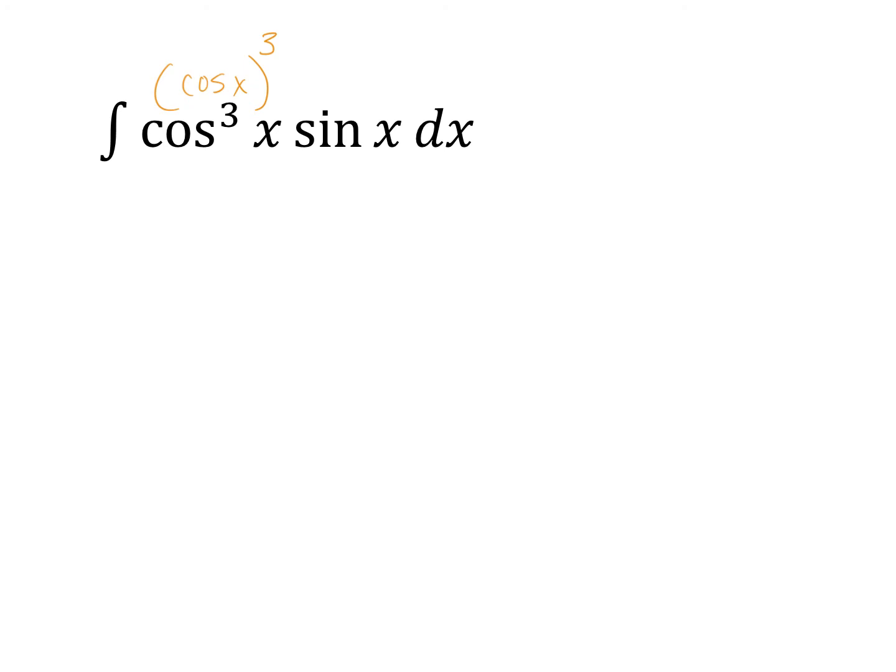So what should we set our u to be this time? Cosine of x, cool. I'm fine with that. What does that make du? Negative sine x dx.